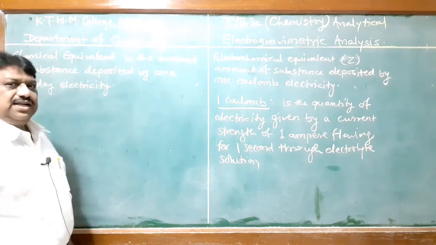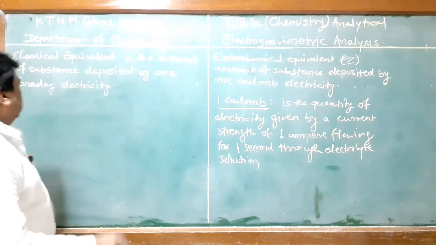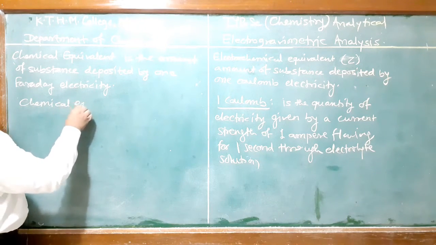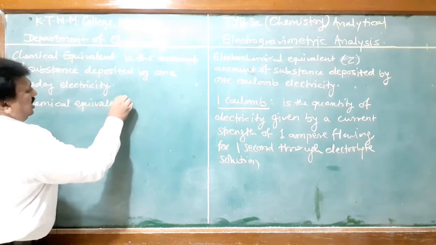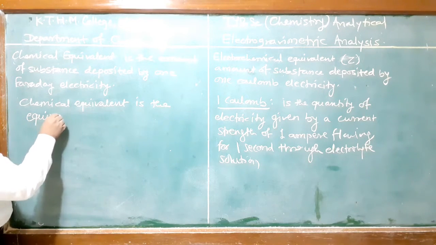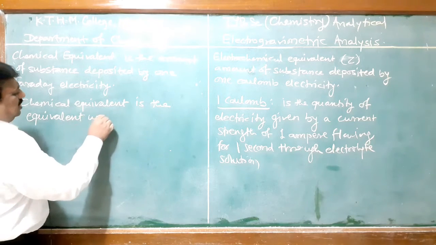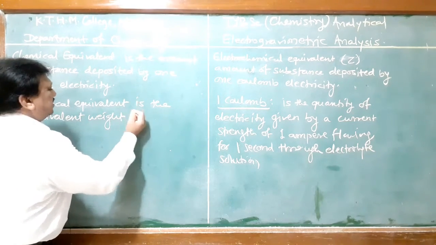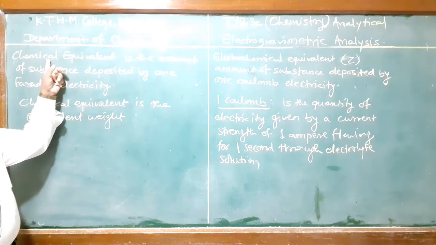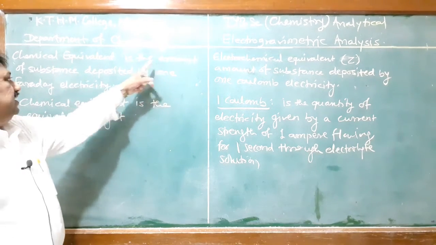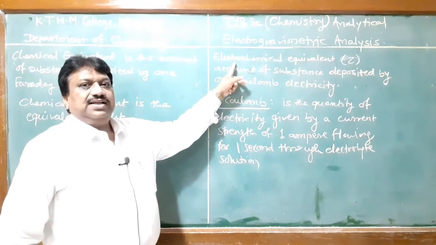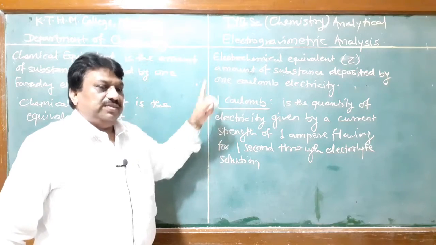That is the amount of material deposited by 1 Faraday of electricity, and here chemical equivalent is the equivalent weight of that substance which is deposited onto the electrode. Therefore, chemical equivalent is the amount of material deposited by 1 Faraday of electricity, and electrochemical equivalent is the material deposited by 1 coulomb of electricity.